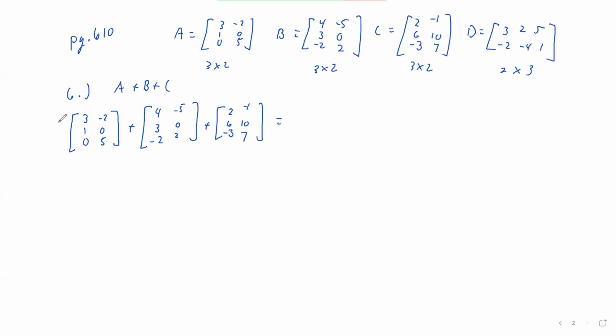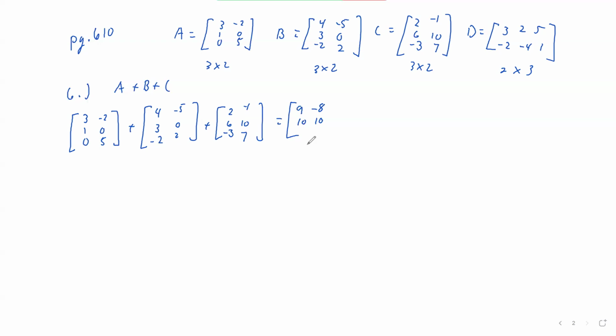To add this, I'm going to add each element. So meaning I'm going to add A11 with B11 with C11. So that's going to be 3 plus 4, which is 7, plus 2, which is 9. And then negative 2 plus negative 5 is negative 7, plus negative 1 gives me negative 8. 1 plus 3 is 4, plus 6 is 10. 0 plus 0 is 0, plus 10 is 10. 0 plus negative 2 is negative 2.